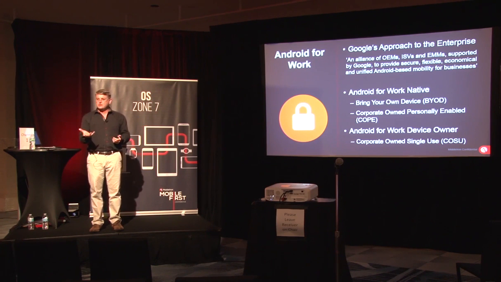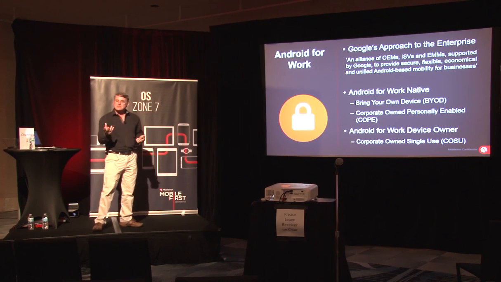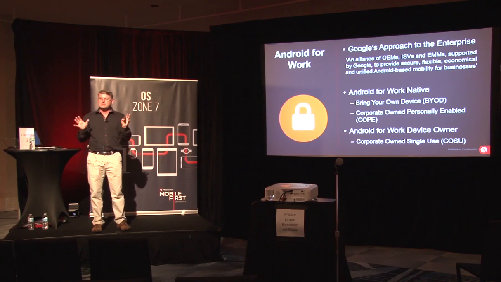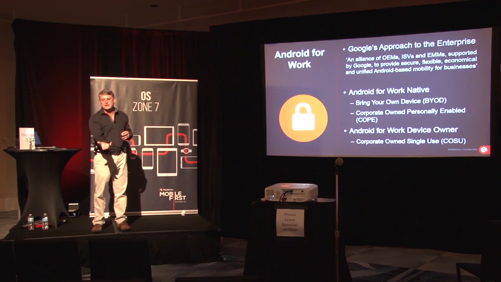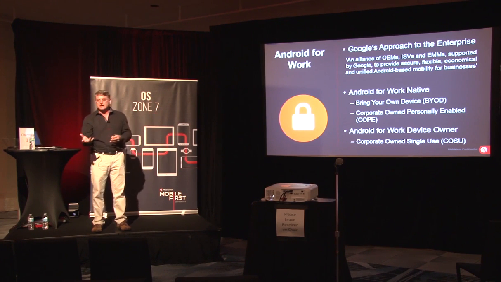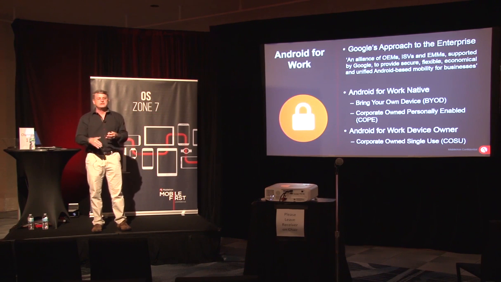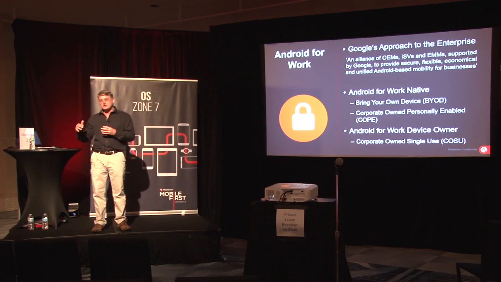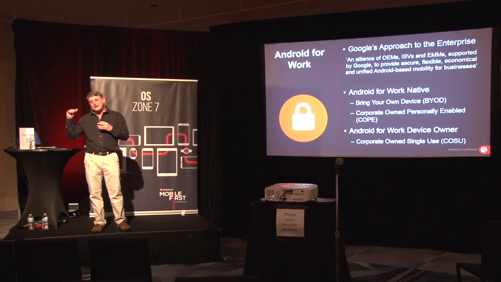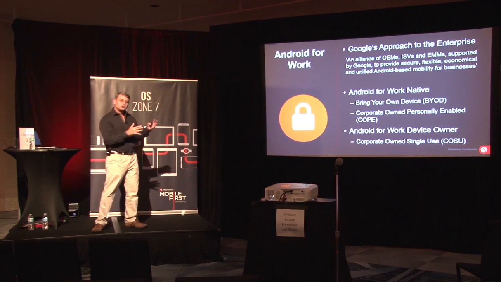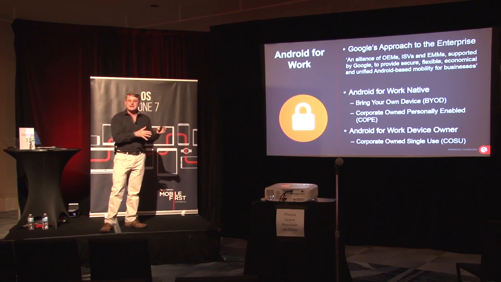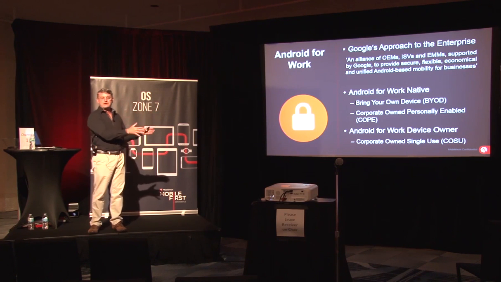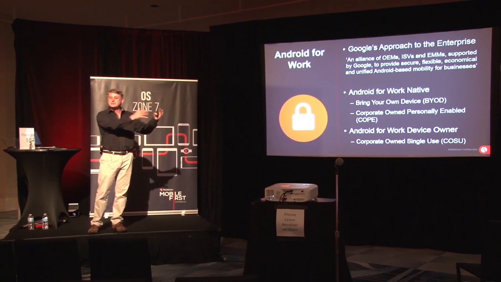One of them is encryption. I can do the minimum. Google said you have minimum encryption, but then hand it off to the OEMs or ODMs, the device manufacturers, to decide the level of encryption. So when you're thinking about deploying, think about the devices you have. Obviously, Samsung has looked in there. They have put a lot of money down on going heavy with encryption. Google's looked at Knox and said, you know what, we're going to consider that part of Android for Work, and Android for Work is a program.